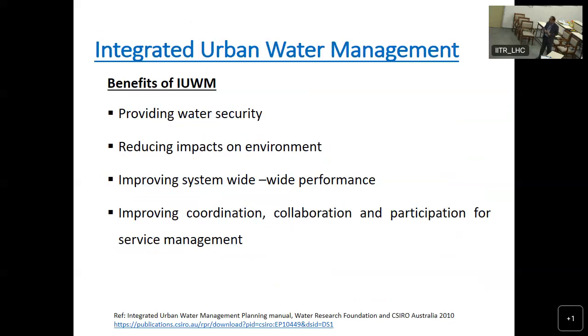Improving system-wide performance, meaning those systems can supply water for a longer term and with a better quality. Improving coordination, collaboration, and participation of the service management, meaning those who are providing those services, we can have better coordination management. That is one aspect that should be considered in an integrated water management framework.